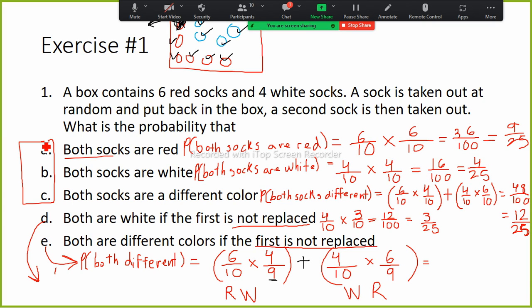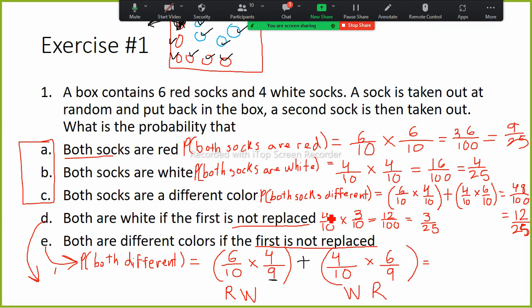Now let's go to D and E. So let's look at D. Let's say both are white if the first is not replaced. Explain this one for me. I have no idea. Okay. So the first time it's going to be 4/10, right? So that's the white one.